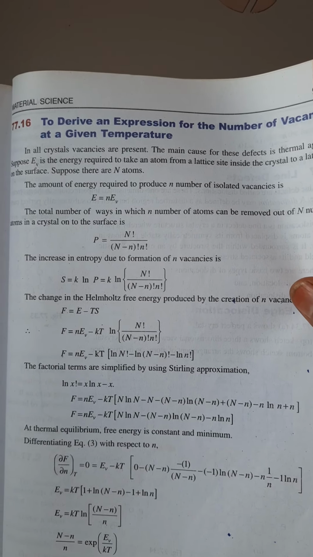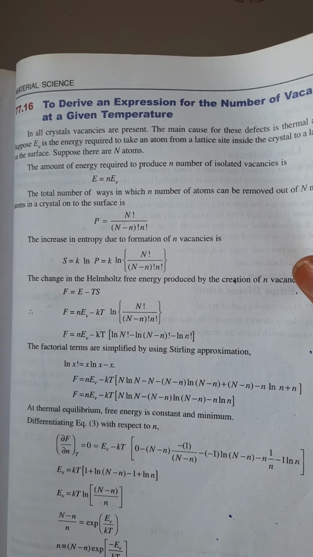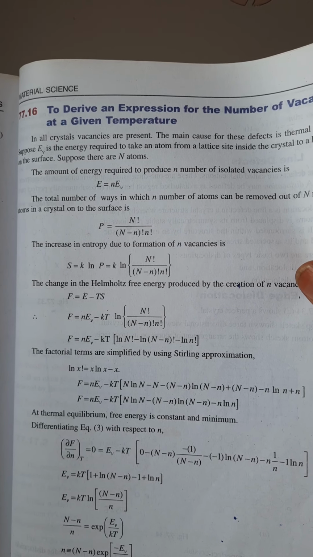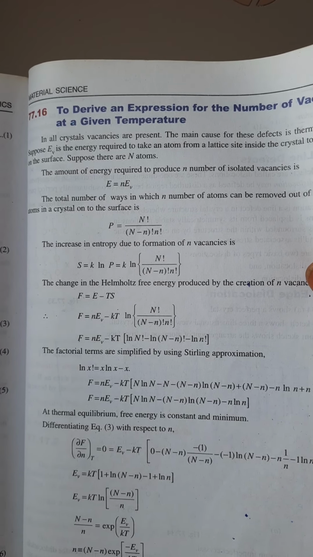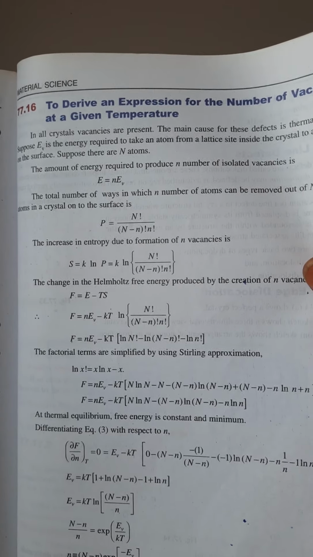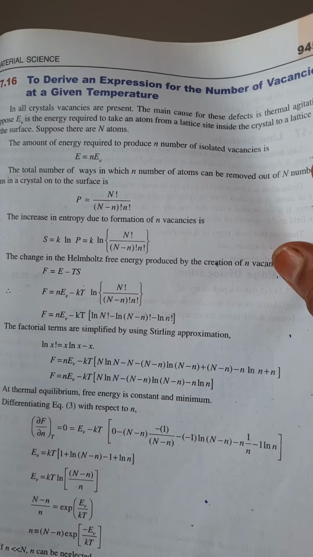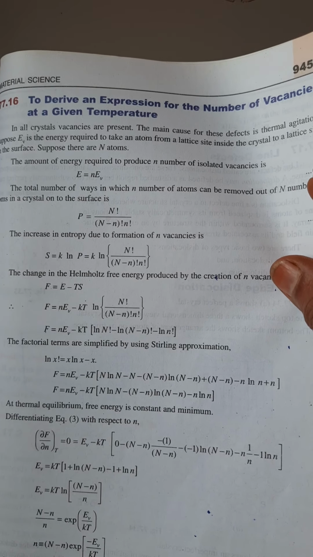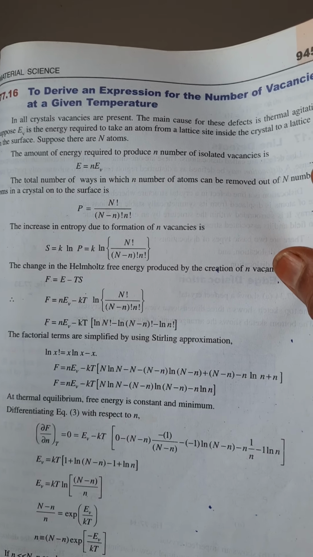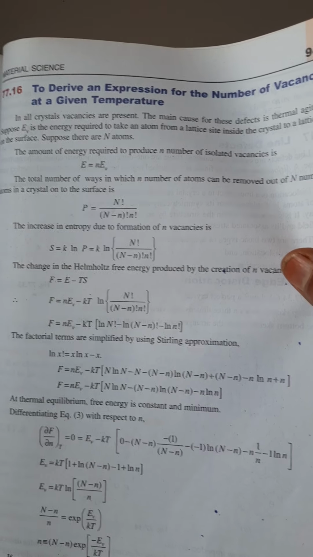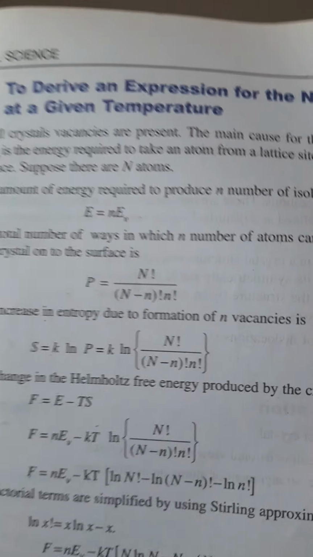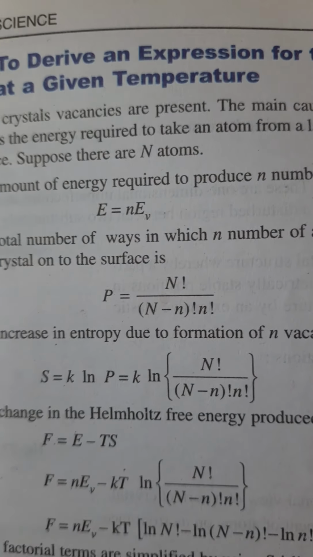Okay, because of temperature, an atom gets the energy and goes somewhere else, leaving that place, and that is Ev, the energy required for the creation of one vacancy. And total, if there are n number of vacancies, then the total energy required is capital E.